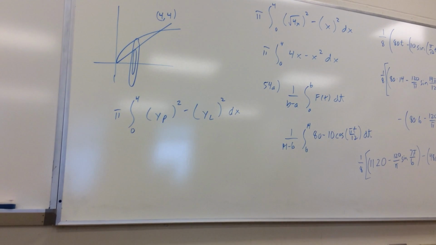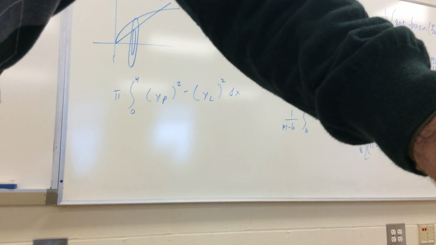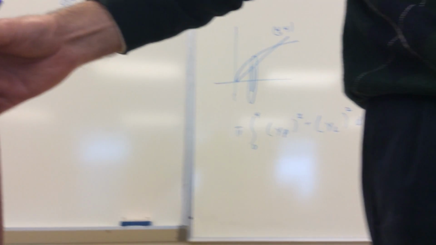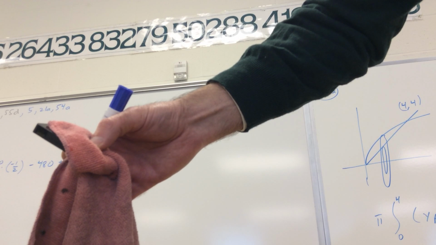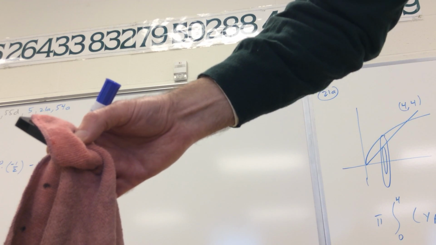Yes? 47. So this is still AB stuff. Oh, it is BC, so it's on 560. Okay.